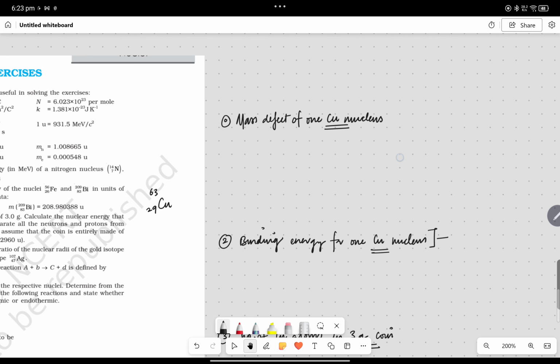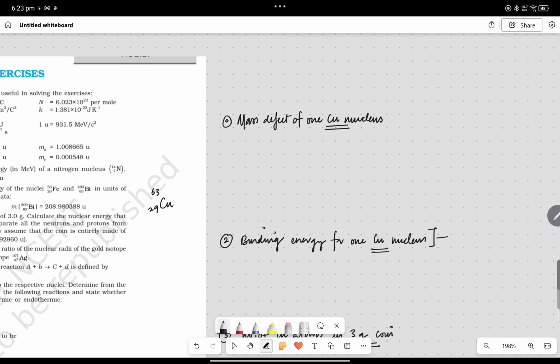Now let's start with step 1. First of all, calculate the mass defect of one Cu nucleus. The formula that we have for mass defect is Δm = Z·mp + (A − Z)·mn − mass of nucleus, right?